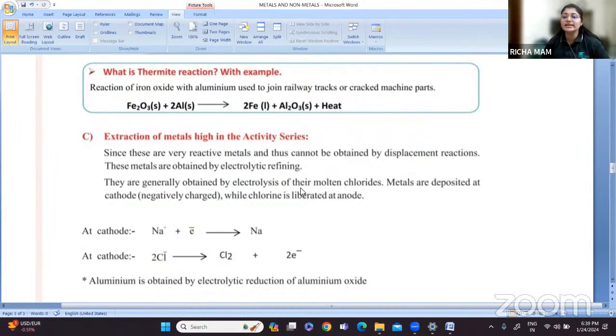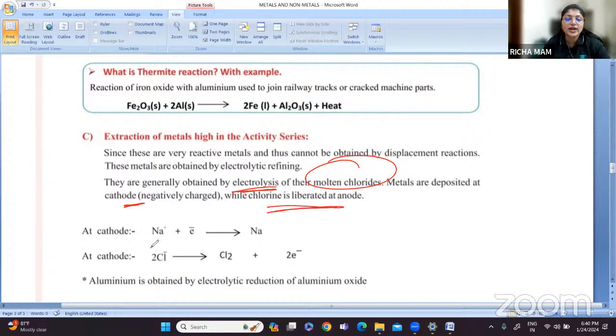Generally, they are obtained by electrolysis of their molten chlorides. The metals will be in their molten state, that is in their chloride forms. By performing the electrolysis of these molten chlorides, the metal gets deposited at the cathode, which is negatively charged, while the chlorine is liberated at the anode.